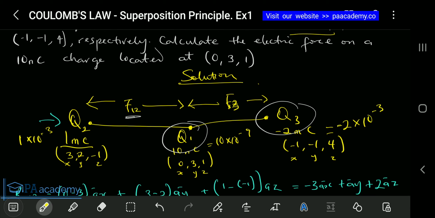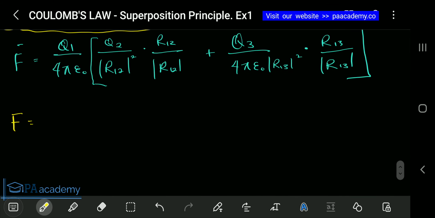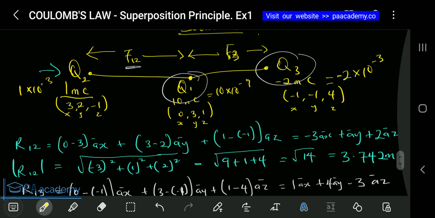All right, so now let's put all of these values in the formula that we are using. So again, our q1, which is 10 times 10 raised to power minus 9 over 4 pi times 8.854 times 10 raised to power minus 12. Like I said, that's the constant. Then open the brackets. Let me confirm q2.